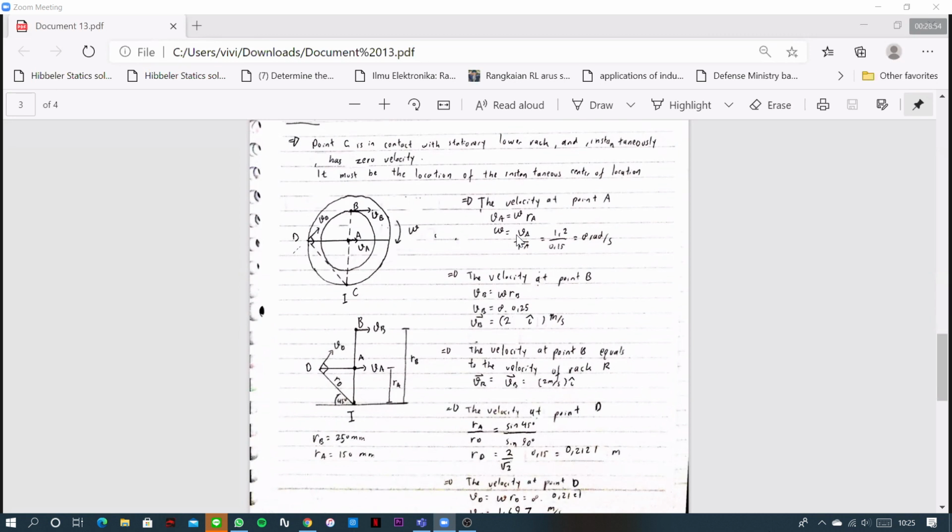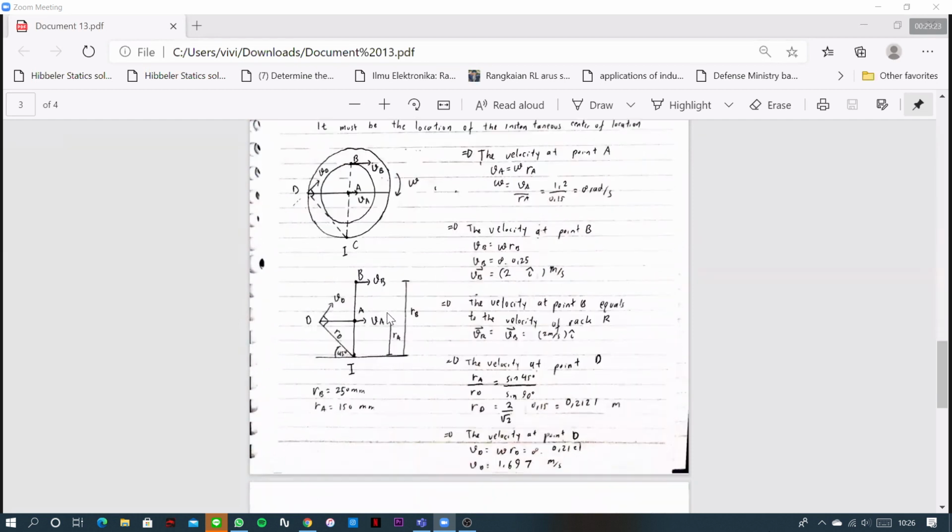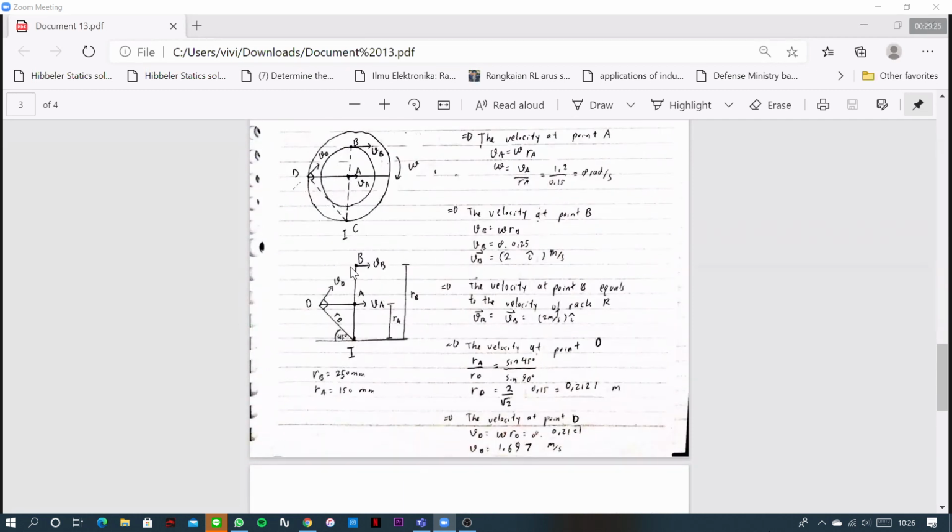And then point C is in contact with the stationary lower rack, and we assume that that is the position of the instantaneous center of rotation. So first of all, we need to draw the imaginary line perpendicular to the velocity at each point, and the intersection of those imaginary lines gives us the instantaneous center of rotation, and then we put it in another drawing and make it a little bit clearer.